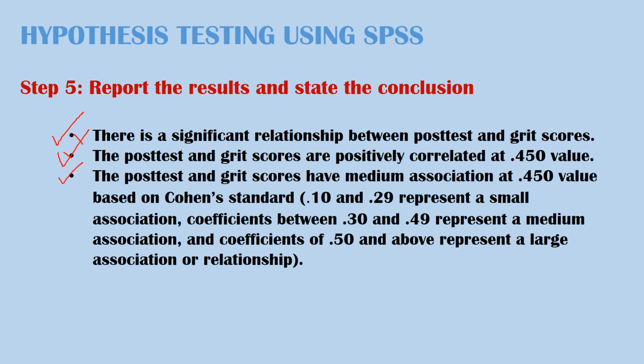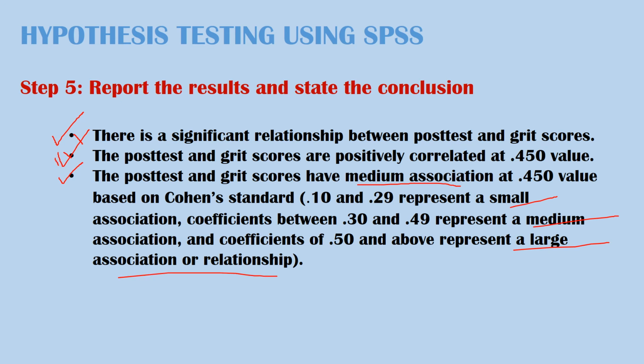In terms of strength or magnitude, the post-test and grade scores have medium association at 0.450 value based on Cohen's standard, being 0.10 to 0.29 to be small association, 0.30 to 0.49 to have medium association, and 0.50 and above to represent a large association or relationship.